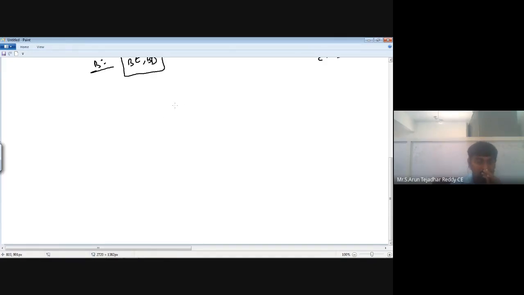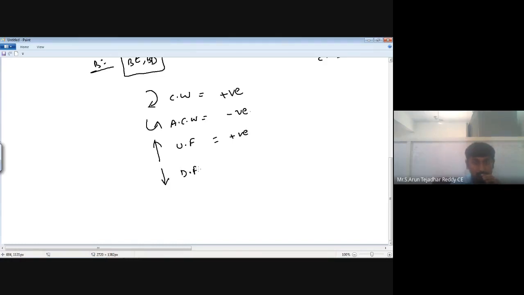All of you write down, this is very important: all clockwise directions take positive, all anti-clockwise directions take negative, all upward forces take positive, all downward forces take negative.